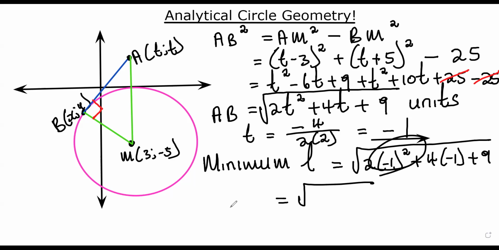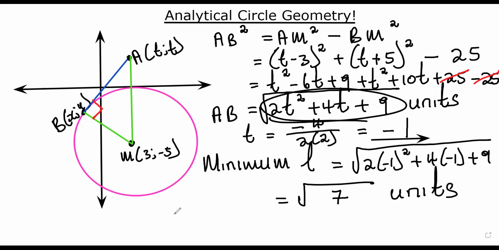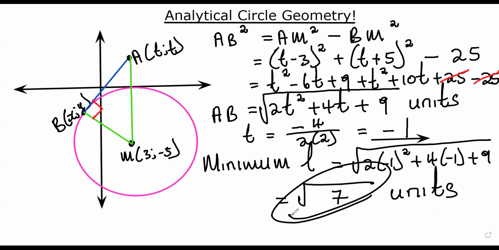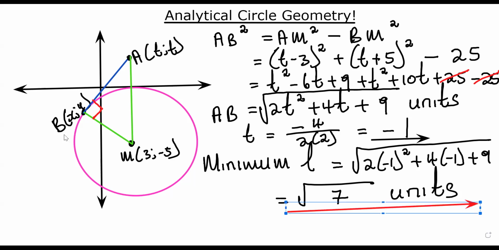So negative 1 squared is 1, and 2 plus 9 is 11. 11 minus 4 is just going to be 7. Do you see that? You just focus on the inside function, but then when you find the minimum length, you'll say it is the square root of this 7. So this should be the minimum length.